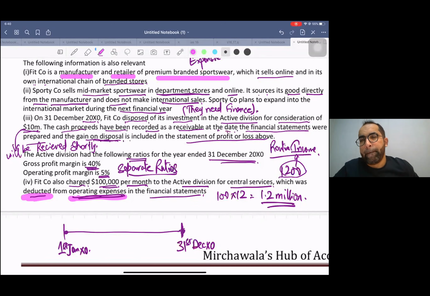Plus, next year, there will be no more of this income, no more this 100,000 per month or 1.2 million per year. So just imagine the bad phase of next year. Next year, Fit company's profit will go significantly down.